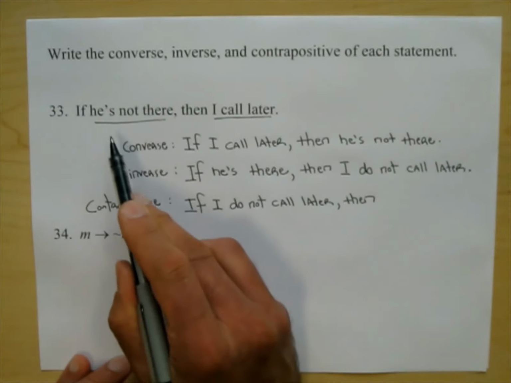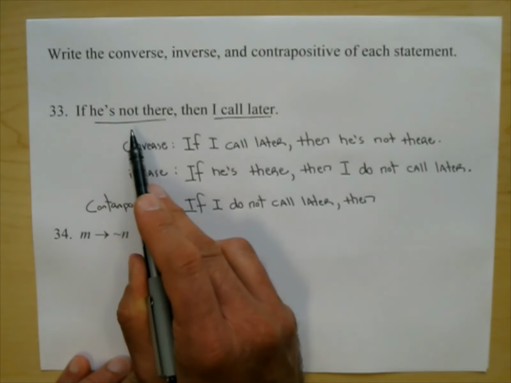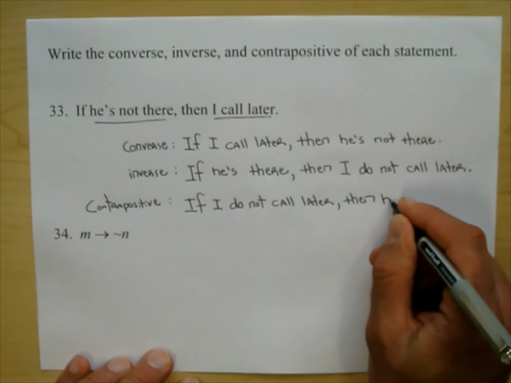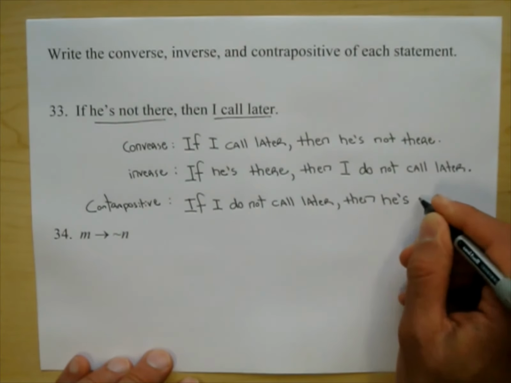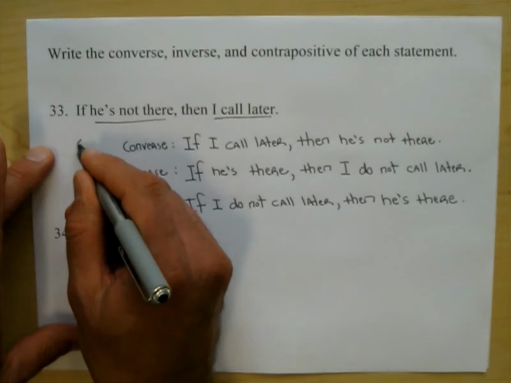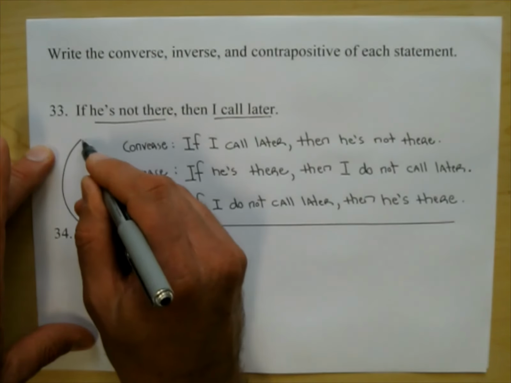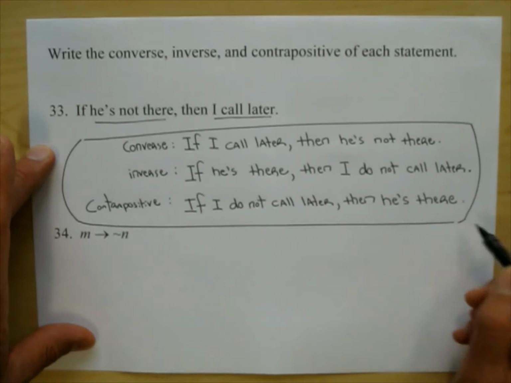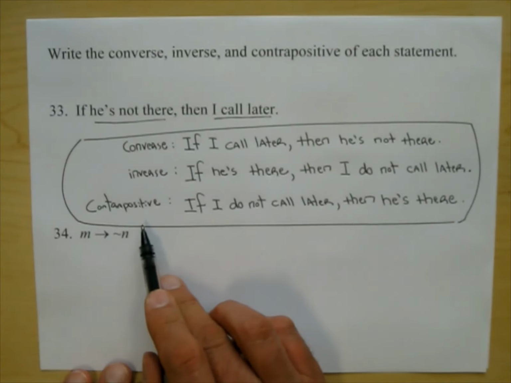Then, and then I go ahead and negate that. Then he's there. And this right here is the answer. We wrote the converse, the inverse, the contrapositive.